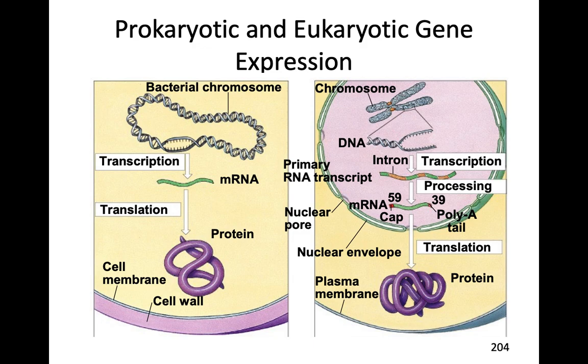And then there's no modification of mRNA after transcription by prokaryotes. So those are the main differences. And while you're trying to put all of this information together, this picture right here illustrates really well how you go from a chromosome to transcription to translation to create proteins.